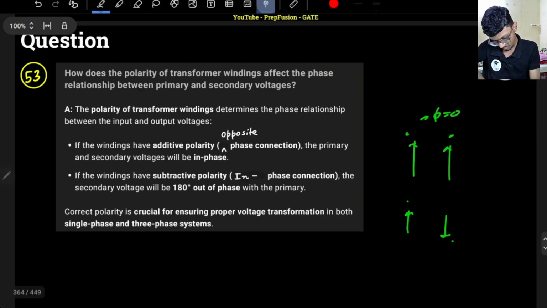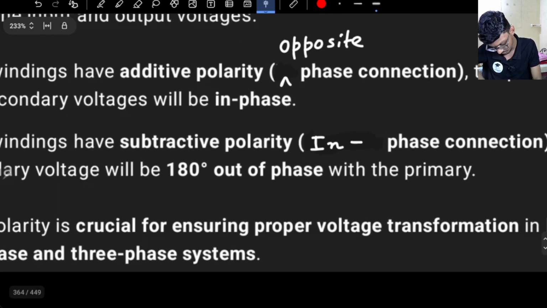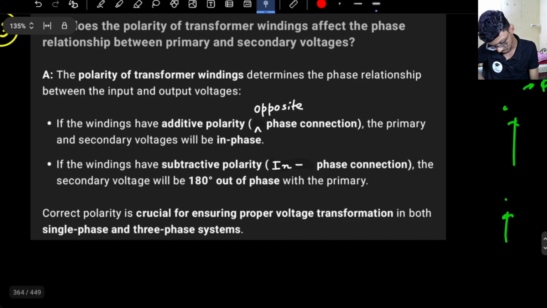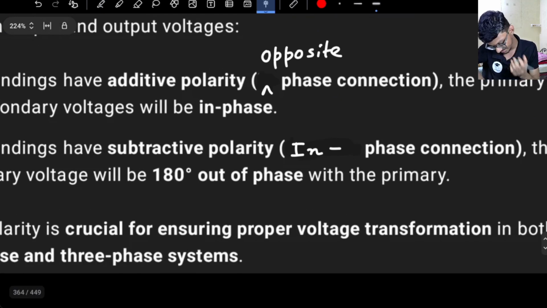Okay, got it? This also will be 0 degrees then. Okay, that is unfortunate.